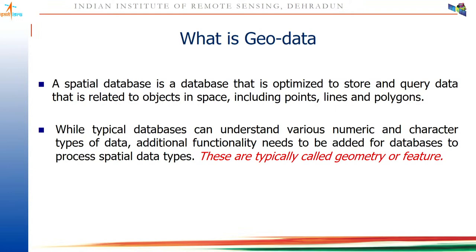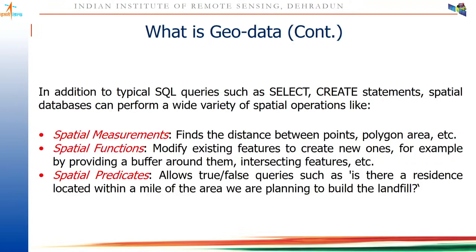For this purpose, you have to have the facility of object orientation inside the DBMS, so that you should be able to create your own object. Once the objects are created, then you can store your vector, like point, line, polygon, or raster, like an image, inside the database management system.